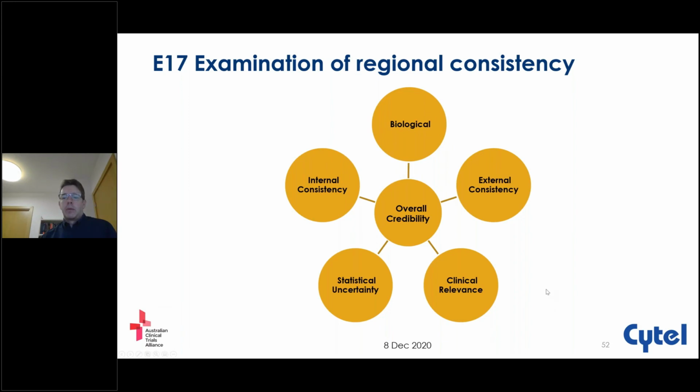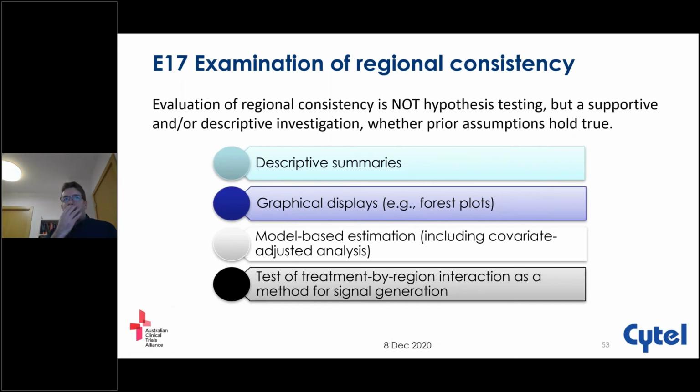And again, this is another good read about what you need to do at the end of the trial. And then it does talk about the examination of this and what you might need to do in a statistical sense. So evaluation of regional consistency is not a hypothesis testing question. It's a supportive or descriptive investigation about whether prior assumptions hold true.